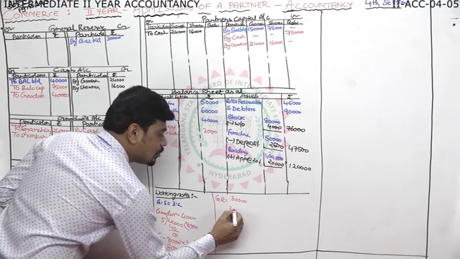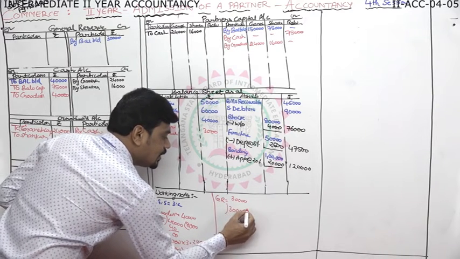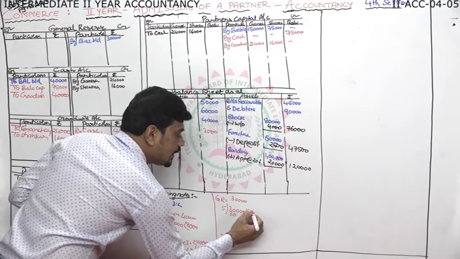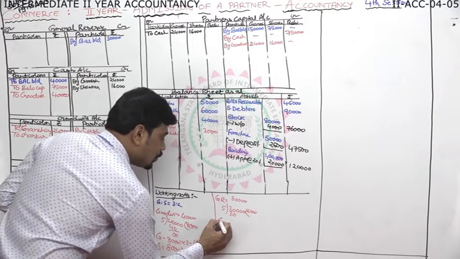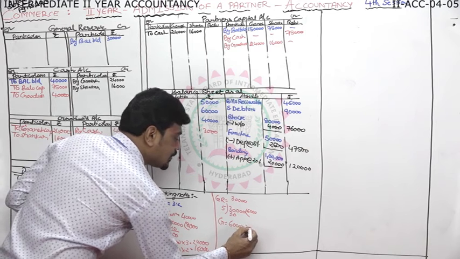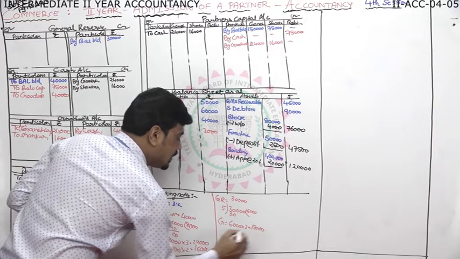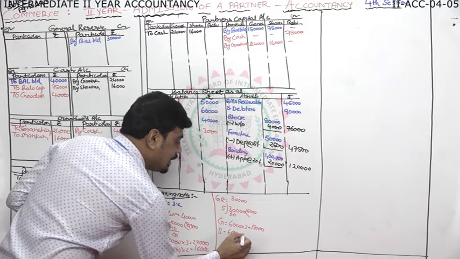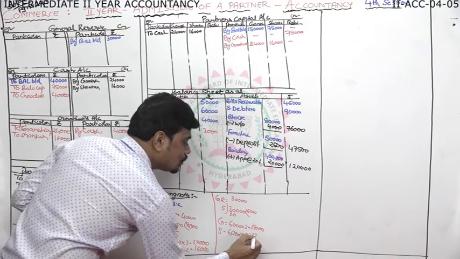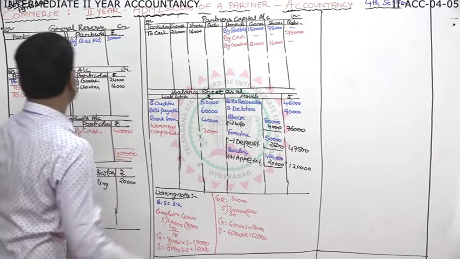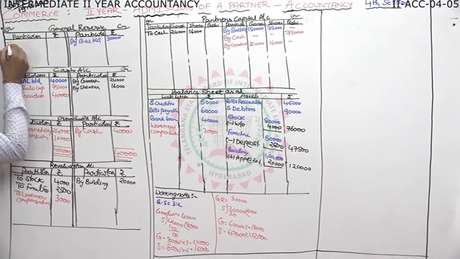Now I'll find the quotient. 30,000 divided by 5, 5 6s are 30. So I get a quotient of 6,000. So Ganesh share 6,000 into 3, 18,000. Then Shankar 6,000 into 2, 6 2s are 12. Again you can cross check, 18 plus 12, 30,000.